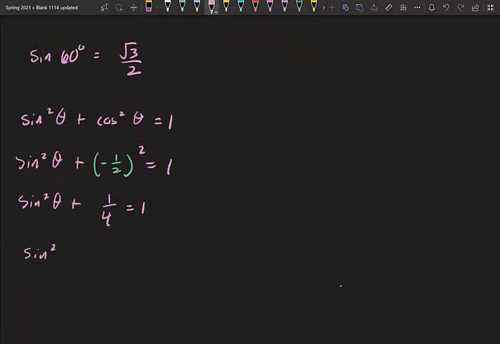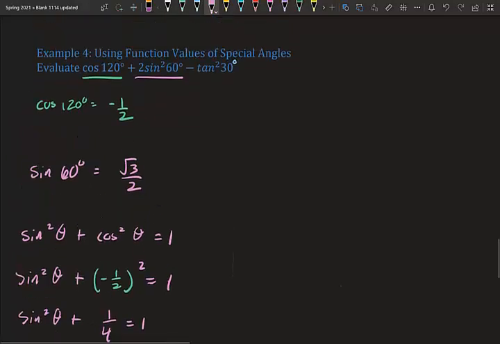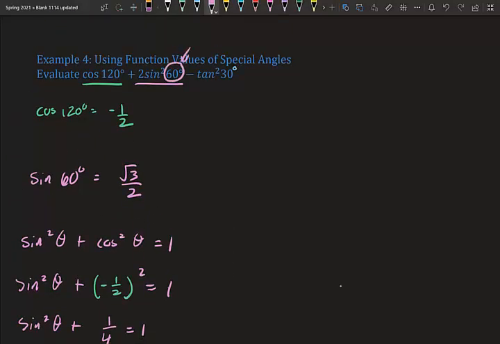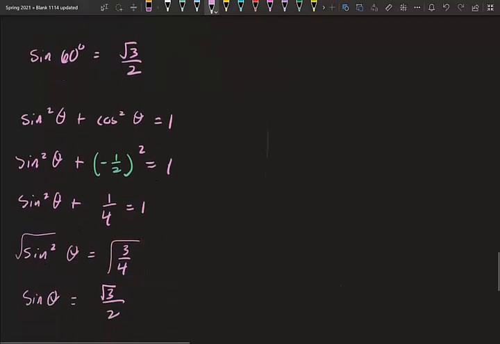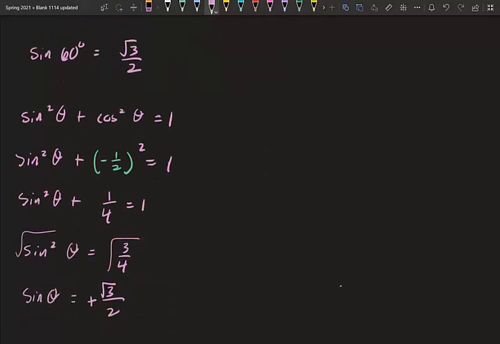We have sine squared theta equals 3 over 4. Take the square root. So we have sine theta equals square root of 3 over 2. Now, is it positive? Is it negative? How do we know which one? Well, 60 degrees is in quadrant 1. Everything is positive in quadrant 1, so this is positive square root of 3 over 2.